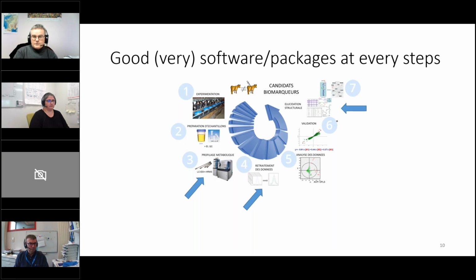Then for structural elucidation, we have new tools available that are easy to use and that can give us a lot of useful information. And in the end, when we are happy with the annotation process, we can share these results in an ordered way and help the community to learn a lot based on our good annotation process.